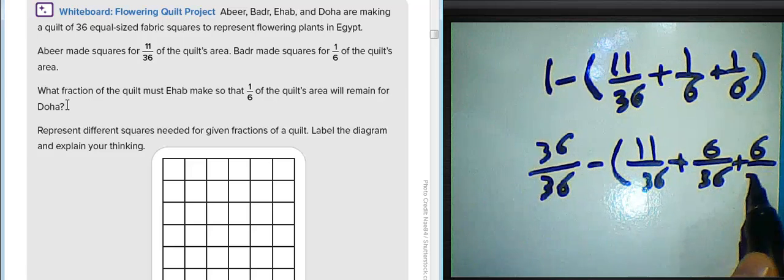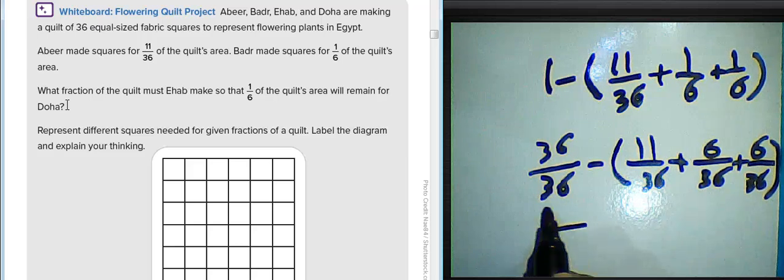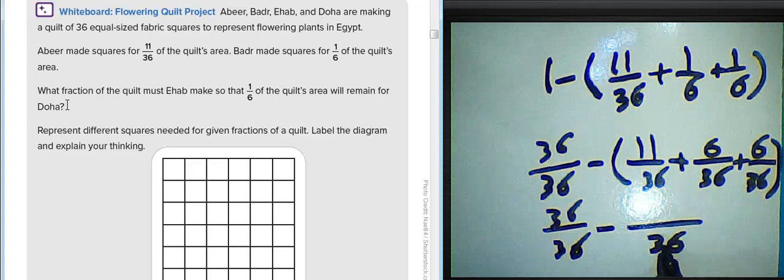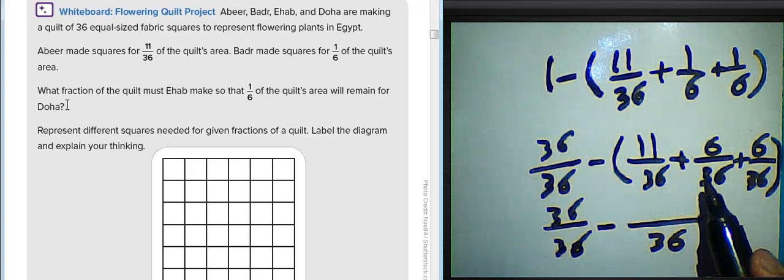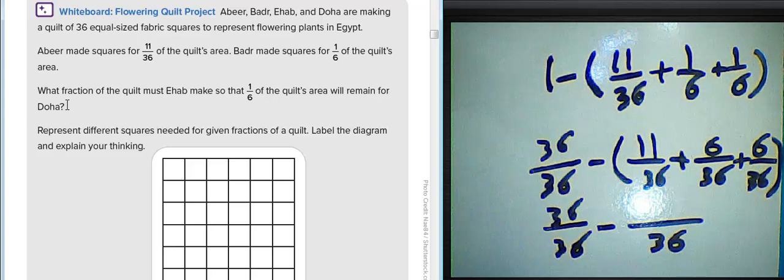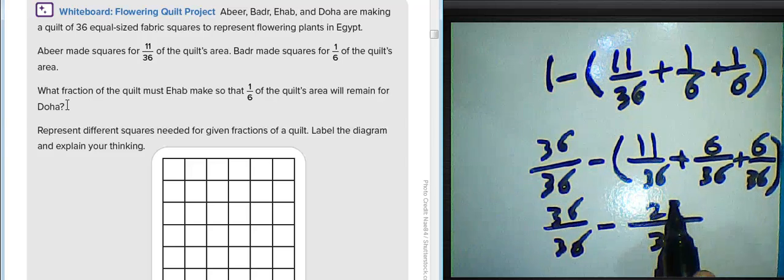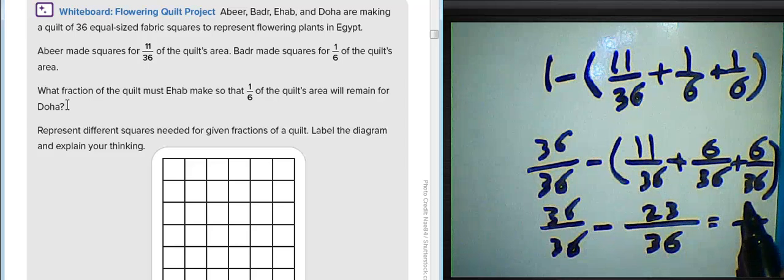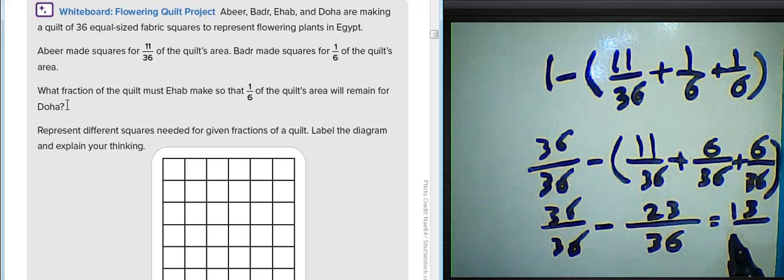Then we can write 36 over 36 subtract. 6 plus 6 equals 12. 12 plus 11 equals 23. Then we can find the difference. 6 minus 3 equals 3, and 3 minus 2 equals 1. 13 over 36 is the area of the last one, Ihab. Okay, it's the area of Ihab, 13 over 36.